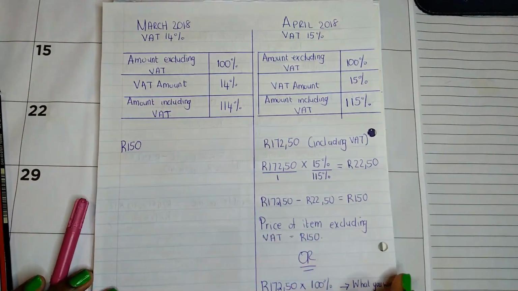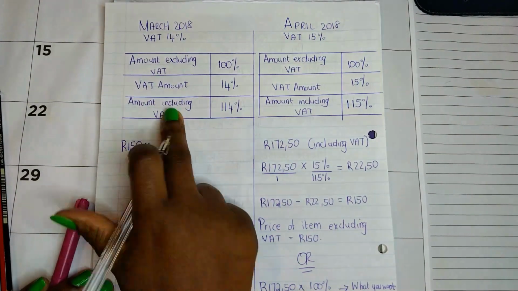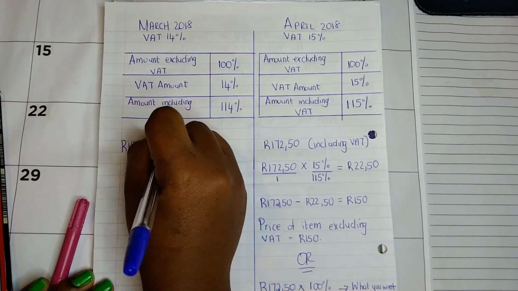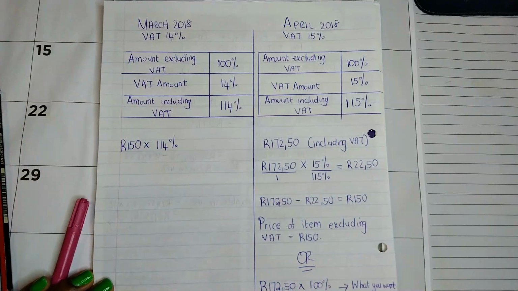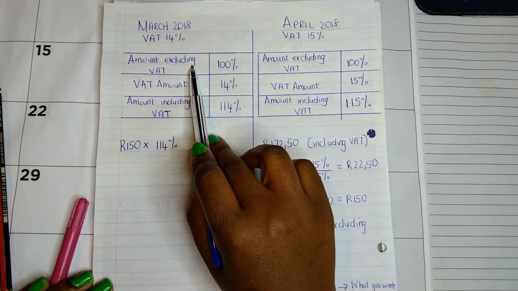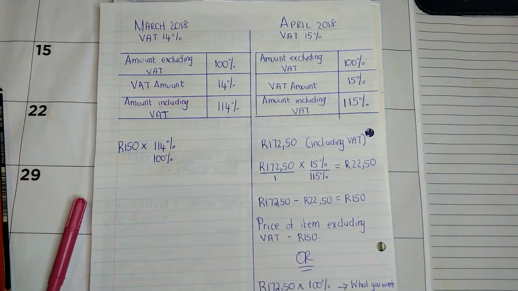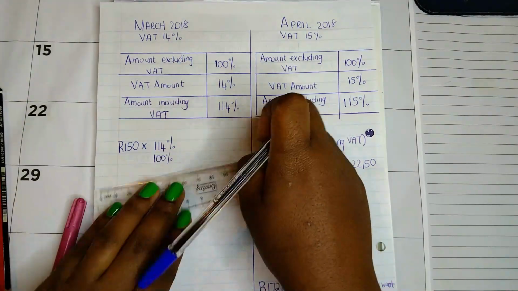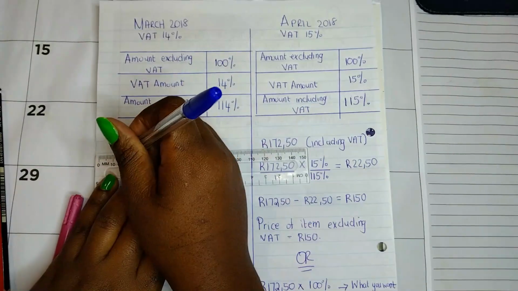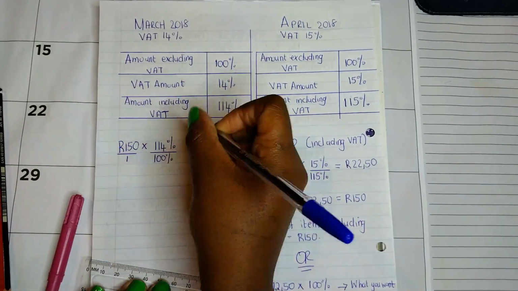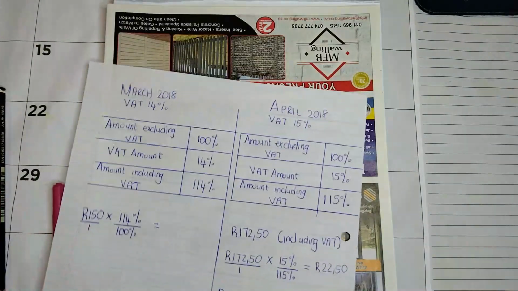So we're going to take the 150, multiply by what you want, which is 114%, and divided by what you have, the amount excluding VAT, which is 100%. That's the same as saying 150 divided by 1, so we can work fraction to fractions.